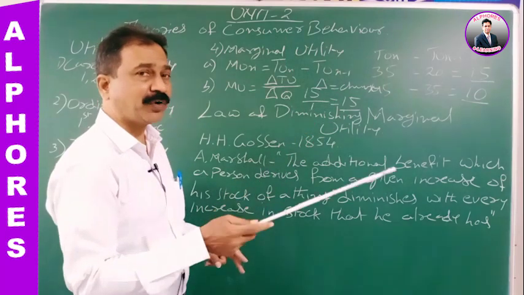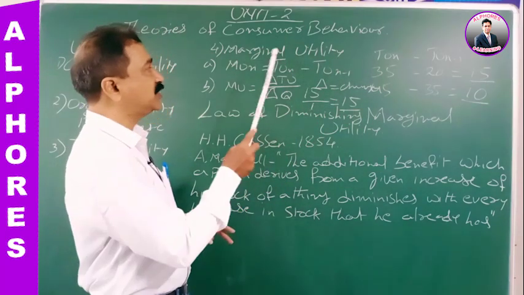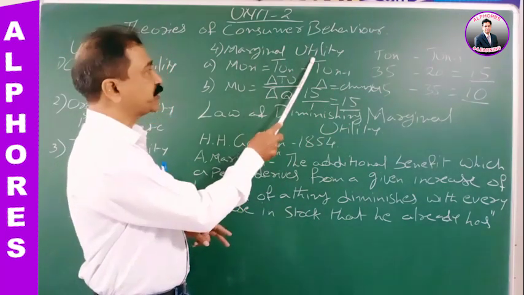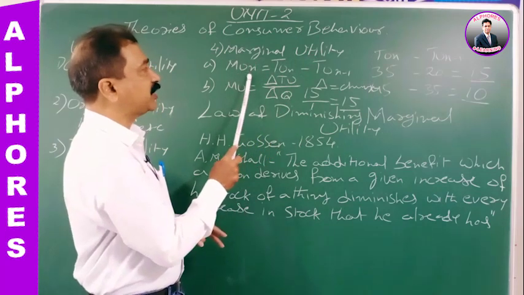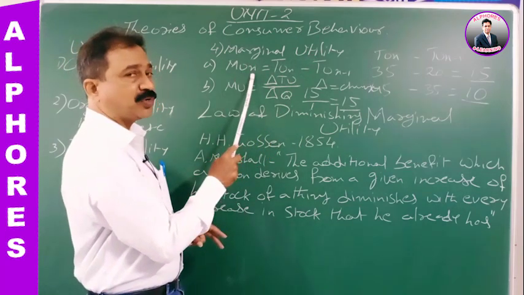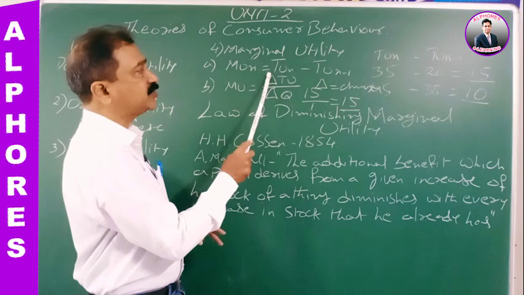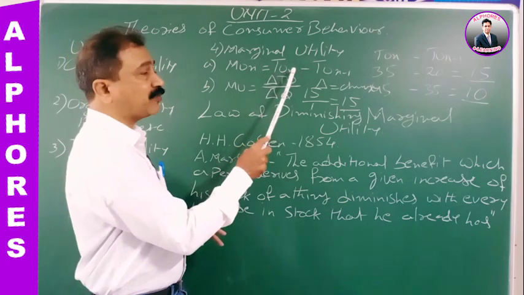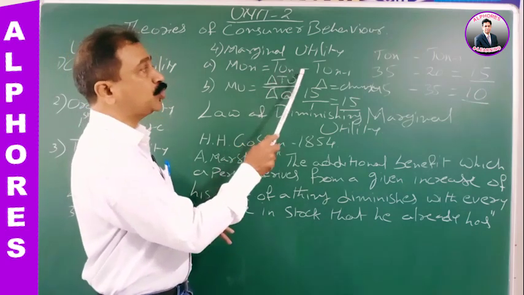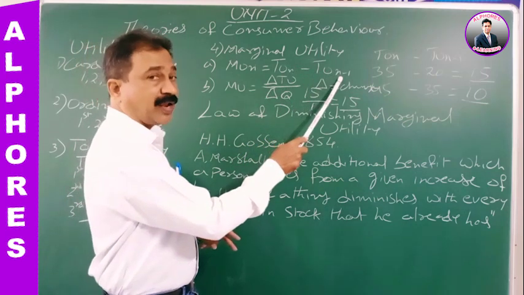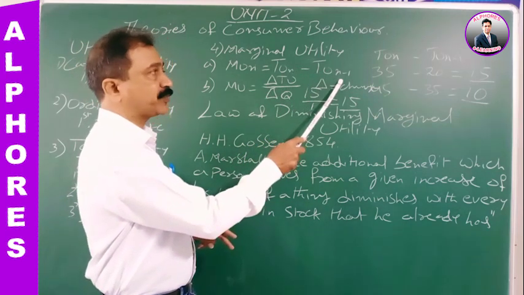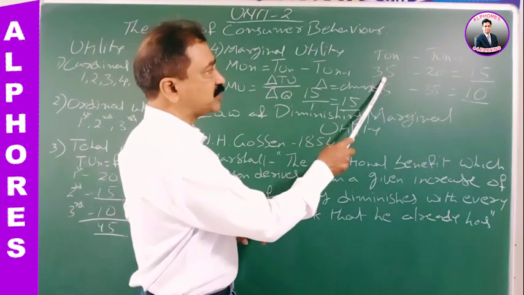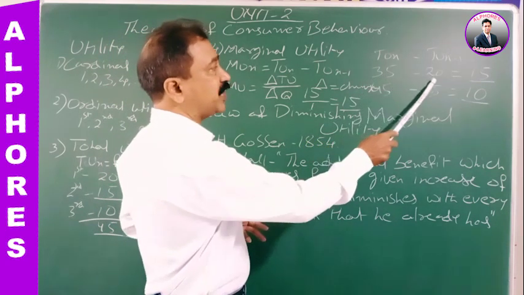From an additional commodity, whatever satisfaction we derive is called marginal utility. That can be shown with the equation MUn = TUn minus TUn-1, the total utility of n commodity minus the total utility of n minus 1, the previous one.